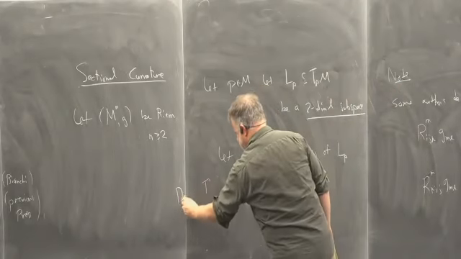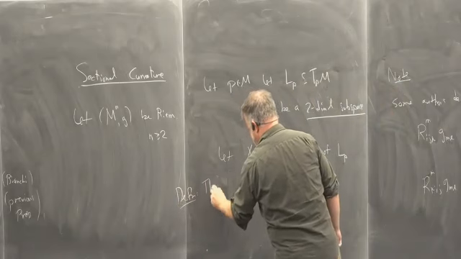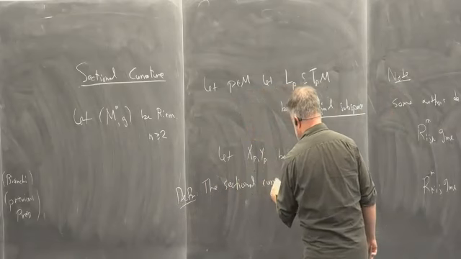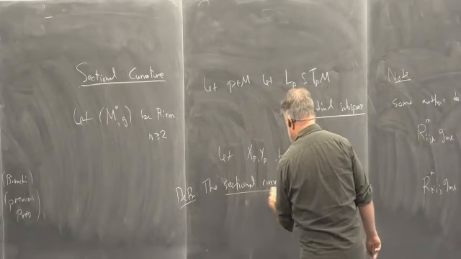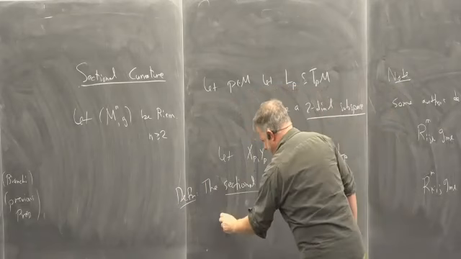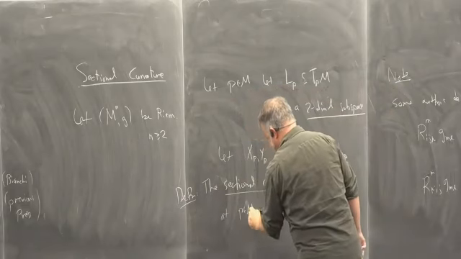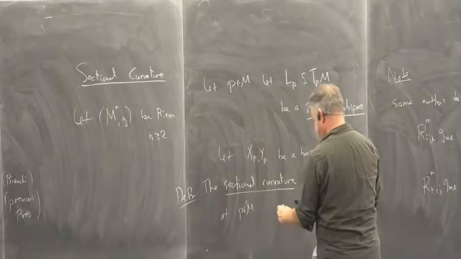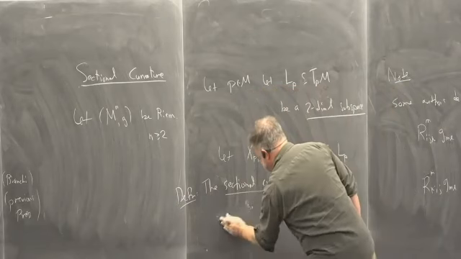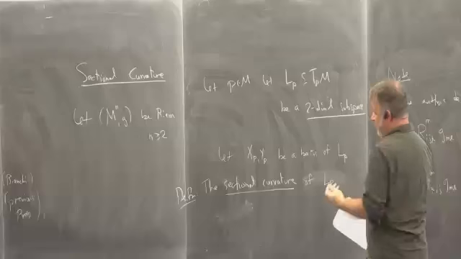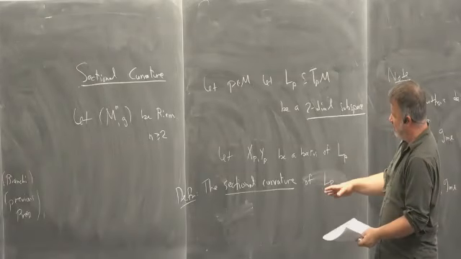This is a definition. The sectional curvature of this Riemannian manifold at the point p, let me say it this way, the sectional curvature of L_p. There are two pieces of data you need to define sectional curvature.